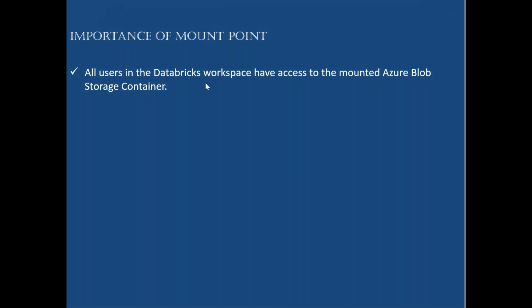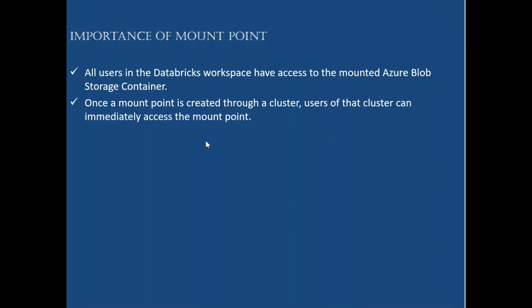See, all users in the Databricks workspace have access to the mounted blob storage container. Once a mount point is created through a cluster, users of that cluster can immediately access the mount point. So let's say you have a cluster 1 and a cluster 2. Some notebooks are attached here, some notebooks are attached there. Using this notebook, I created a mount code and executed it.